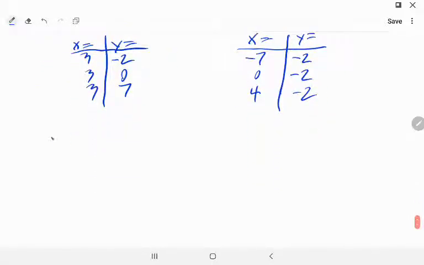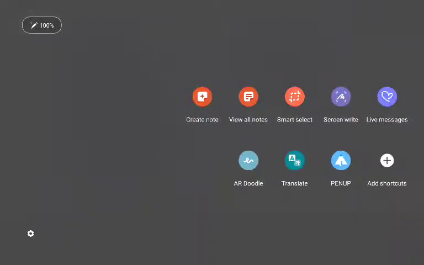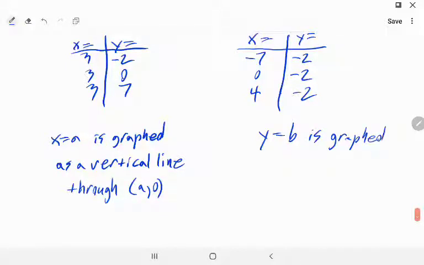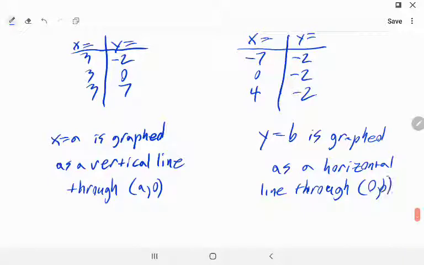And so in general, x equals a is graphed as a vertical line through the point a, 0, and y equals b is graphed as a horizontal line through the point 0, b.